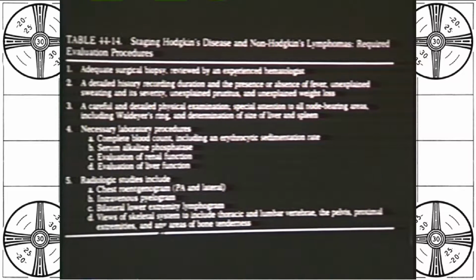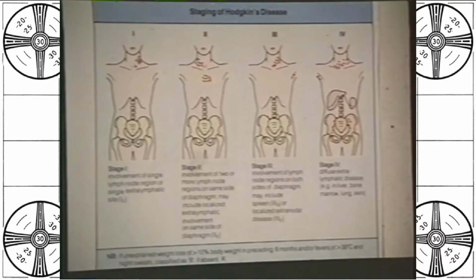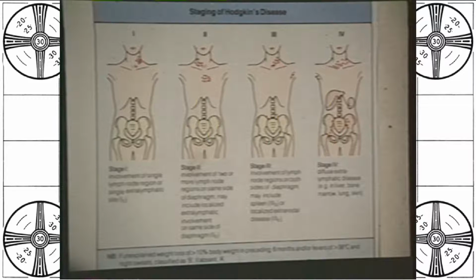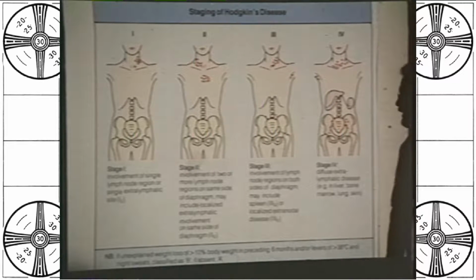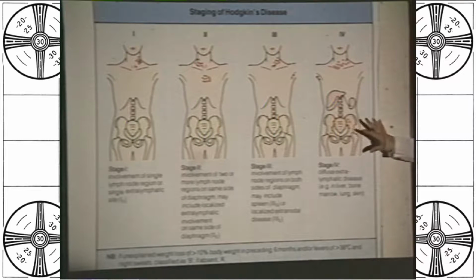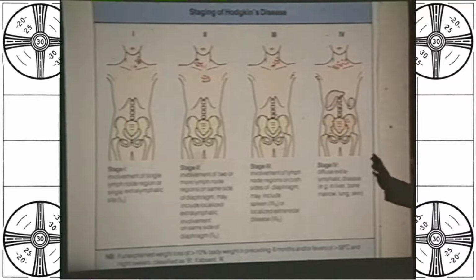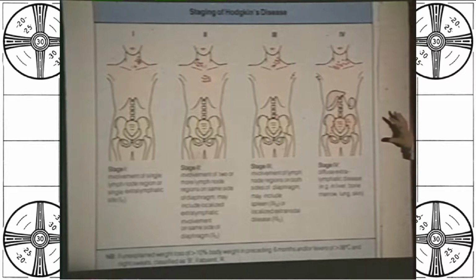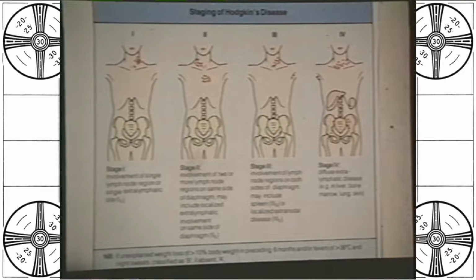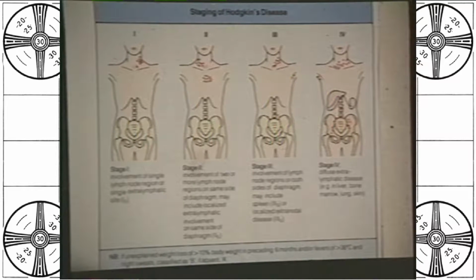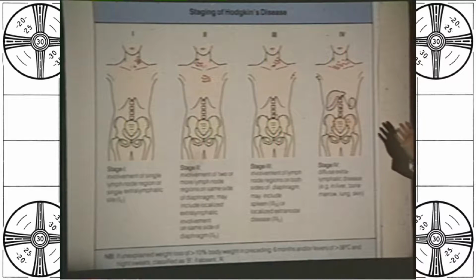You should be able to stage your patient, which is the next, probably you heard this before. It sounds complicated, it's not. And this applies both to Hodgkin's and non-Hodgkin's lymphoma, but this classification was initially designed for Hodgkin's disease.